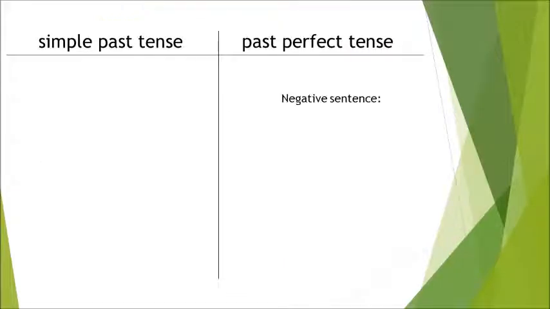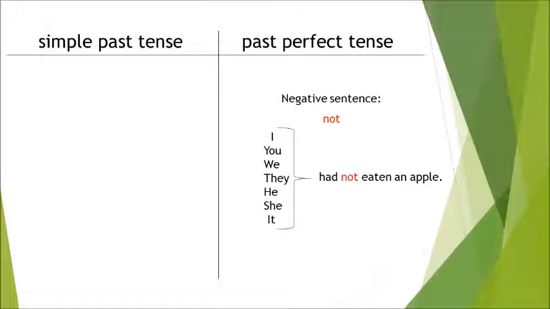Past perfect negative sentences are easily made. Use not. Put it right after had. I had not eaten an apple. In contraction, you can say hadn't. Pay attention, the verb is still in PP form. For simple past negative sentences, we use did not.